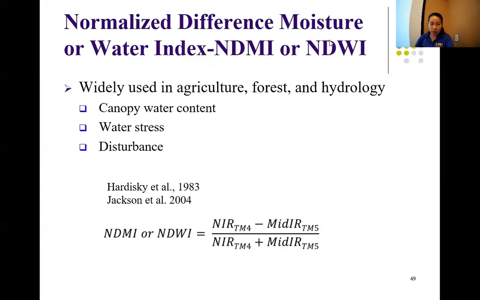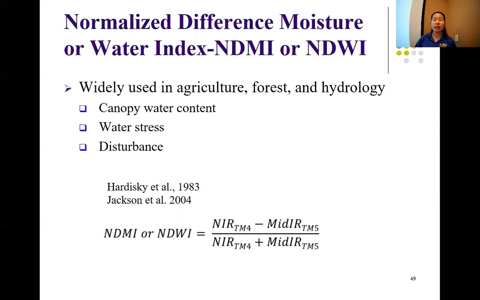And then the other one is called the normalized difference moisture or water index. So basically NDMI or NDWI. So here you see that we introduce several kinds of vegetation index and also water index. A lot of time we need to work with both. For example, in our Rosal Cane wetland study, we are mostly interested in the vegetated area, but we also look at the wetland area because wetland has a lot of water in it.